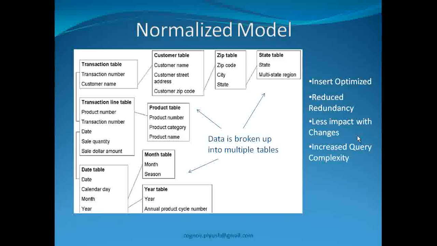But there is a disadvantage too: it increases query complexity. As you can see, there are several tables which are related and joined to each other. So in order to answer even simple business queries, different complexities, queries, joins and relationships will be involved.